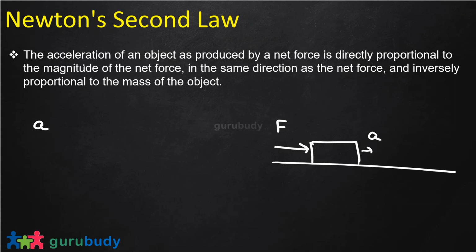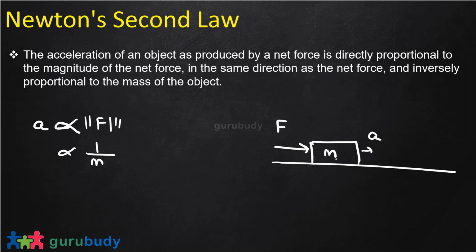So the acceleration of an object produced by the force is directly proportional to the magnitude of the force. The direction is also the same, and it is inversely proportional to the mass of the object.